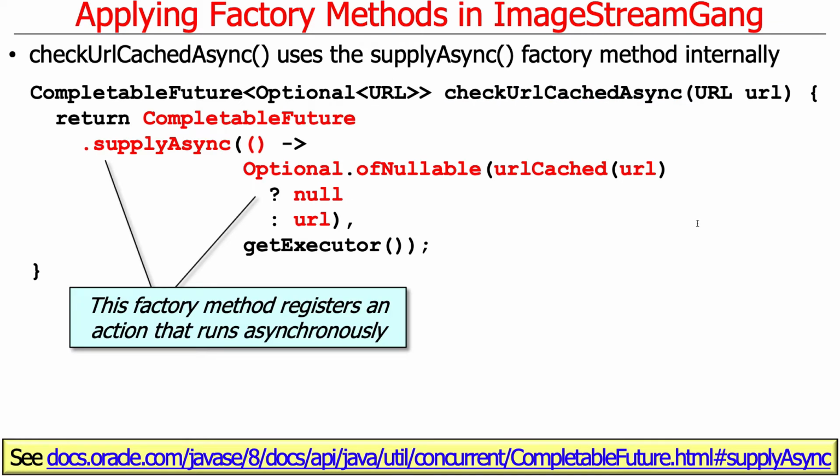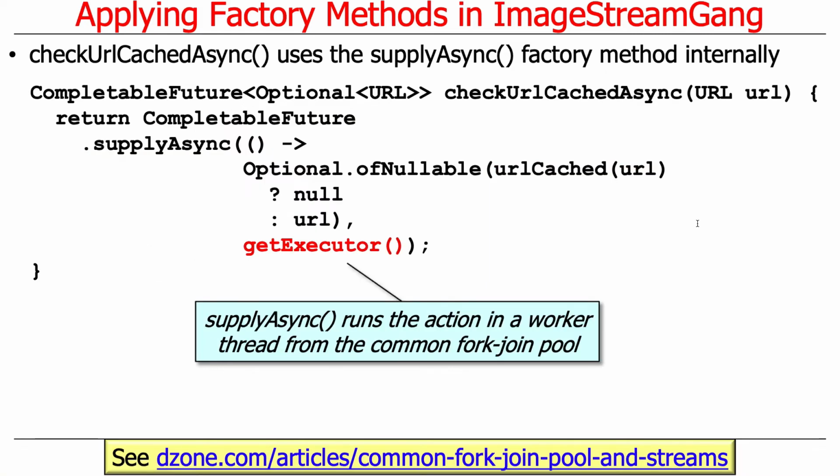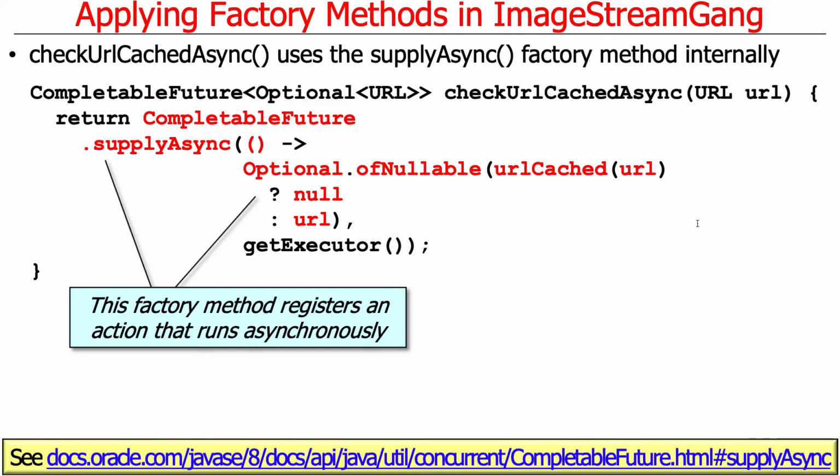So what this factory method does, completable future supplyAsync, you've seen this before, you're using it in your code for assignment number 4. It has a lambda expression that registers this action. So this action will be registered to run in a worker thread in the background. And what this actually does is, well, let's see if I explain it.